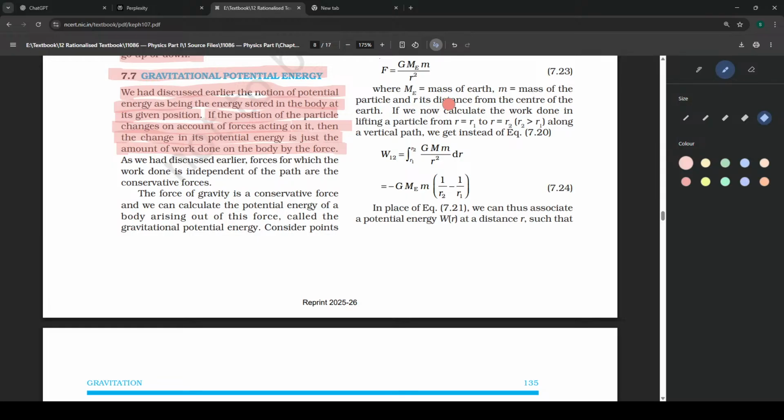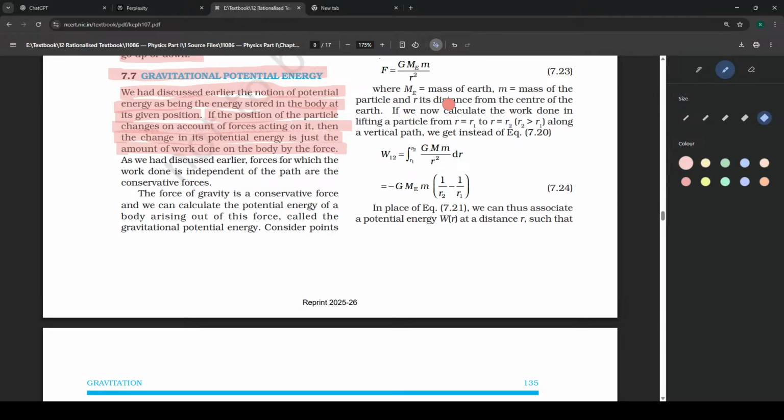If there are unequal forces acting on a body, obviously the particle should move and change its position. Then the change in potential energy is just the amount of work done on the body by the force.